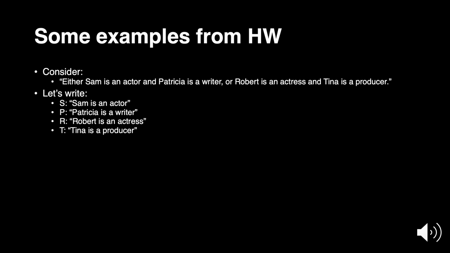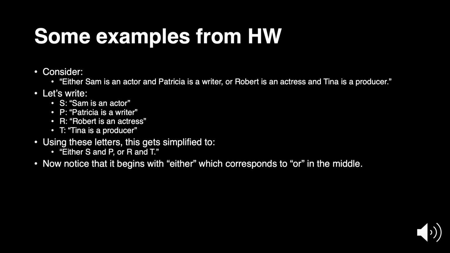We shall use S for Sam is an actor, P for Patricia is a writer, R for Robert is an actress, and T for Tina is a producer. Using these letters, you can simplify this long sentence to this: either S and P or R and T.